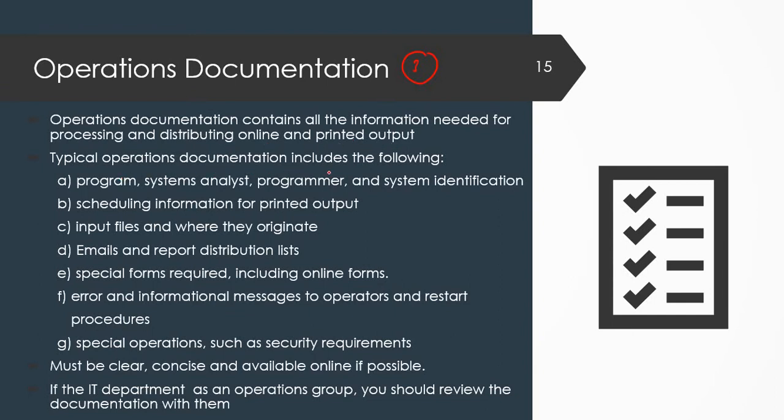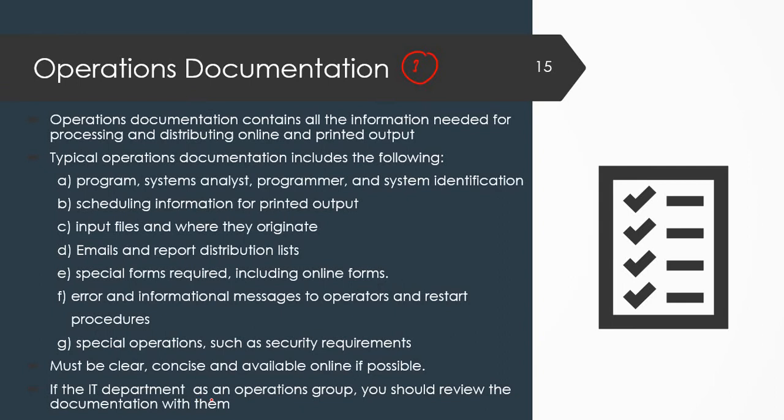Typical operations documentation includes the program, system analyst, programmer, and system identification, scheduling information for printed output, input files and where they originate, email and report distribution lists, special forms required, including online forms, error and informational messages to operators and restart procedures, and special operations such as security requirements. So the operations documentation must be clear, concise, and available online if possible.